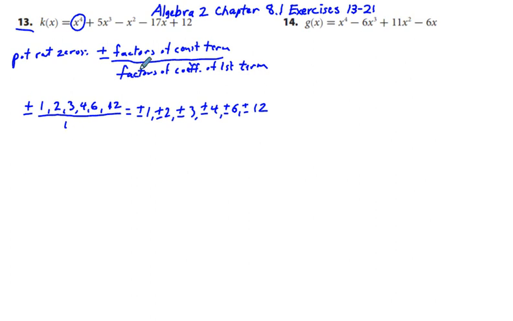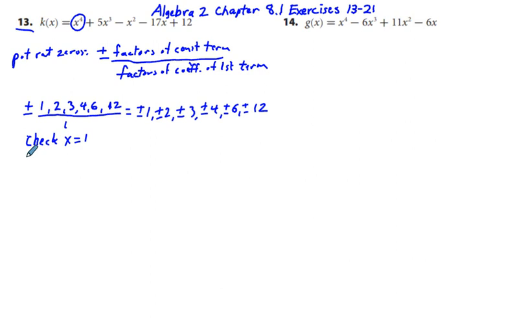So we're going to use synthetic division to test. And I recommend, unless otherwise notified, testing the smaller numbers first to make arithmetic easier. So we're going to check as a 0 x equals 1.